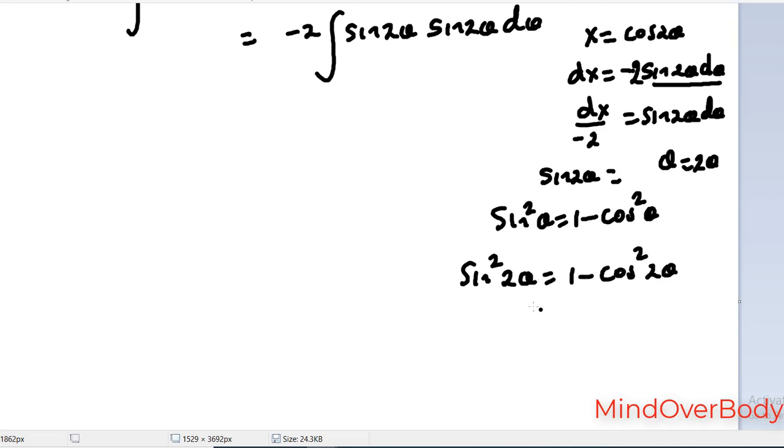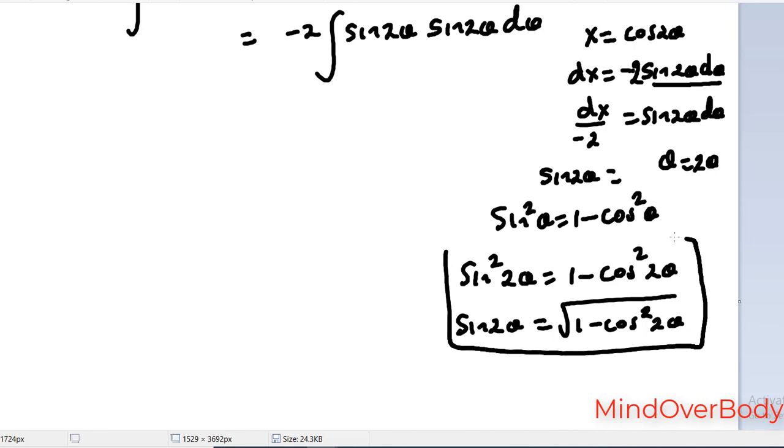Now I need only sine 2 theta. So from here I can rewrite sine 2 theta to be equal to root of 1 negative cos squared of 2 theta. So that is a catch here. My cos 2 theta is x, so this is going to be root of 1 negative x squared. So that is the representation for sine 2 theta.